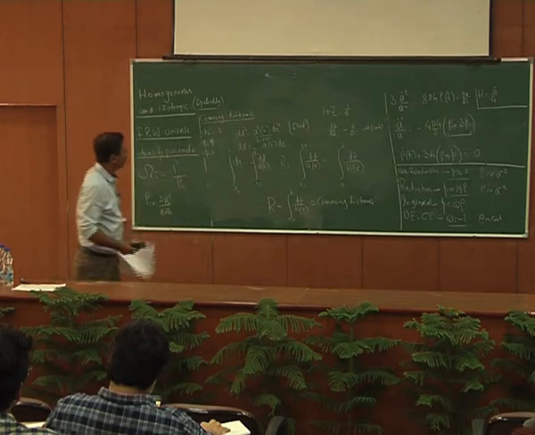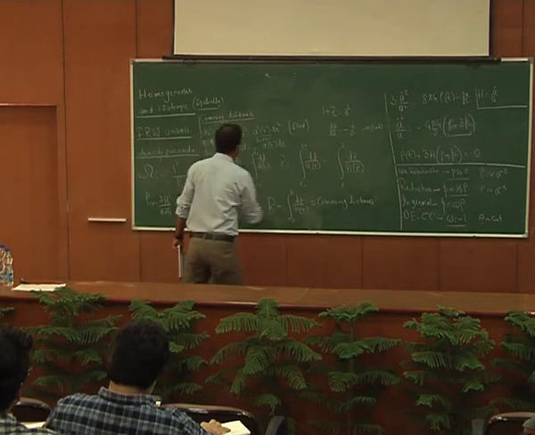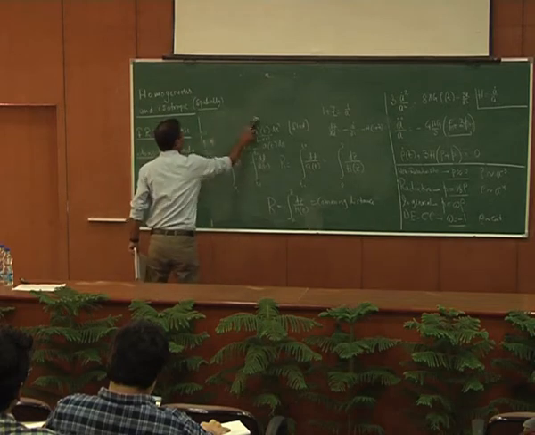So once we know the comoving distance, just remember this, we can calculate what is called the luminosity distance.